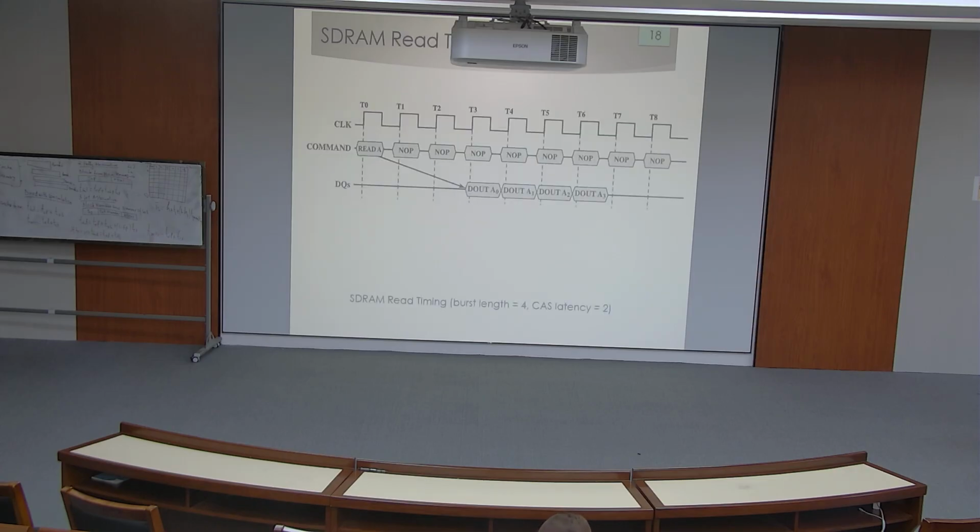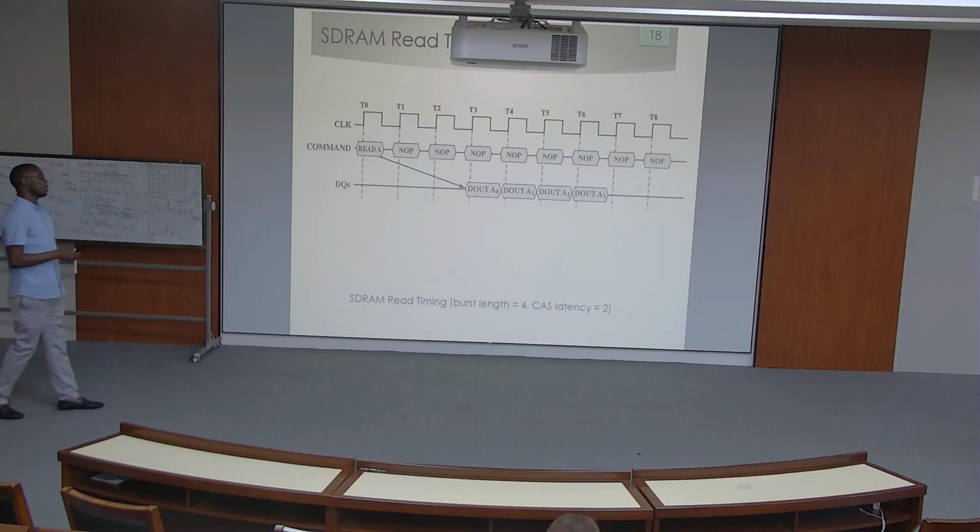The next thing that we need to talk about is the synchronous DRAM read timing. Here we have the clock, which includes the following timing: T0, T1, T2, T3, up to T8. Then we have different commands, which include the read A, no operation, and the data out A0 and the data out A1 up to A3.